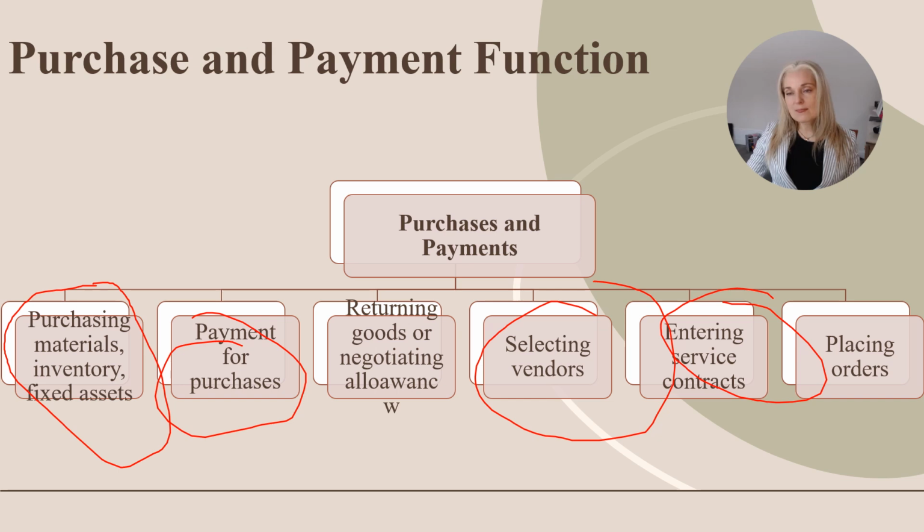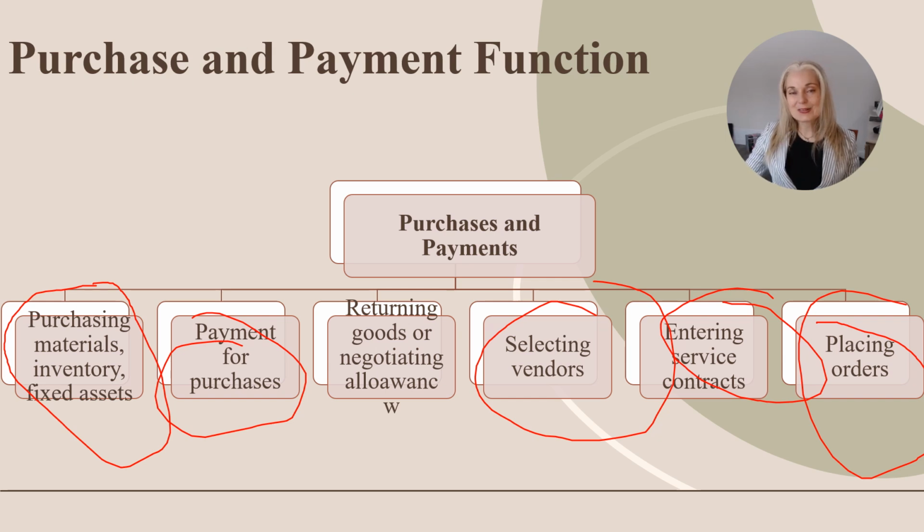And then there's a process for placing orders. How are orders placed? Who places these orders? How do you ensure that the vendors that are selected are legitimate? How do you ensure that there are not multiple purchases for the same thing? Who's approving these orders?